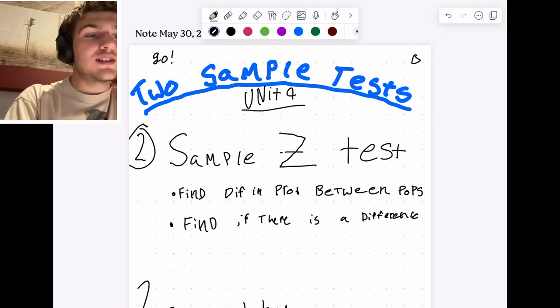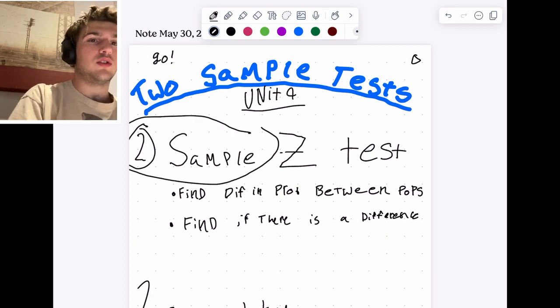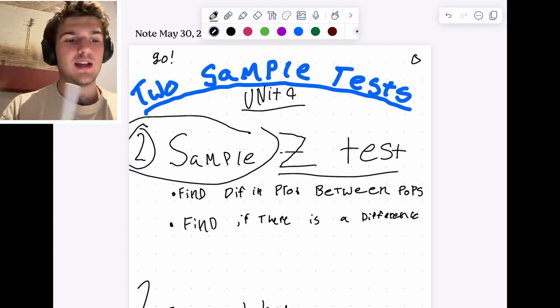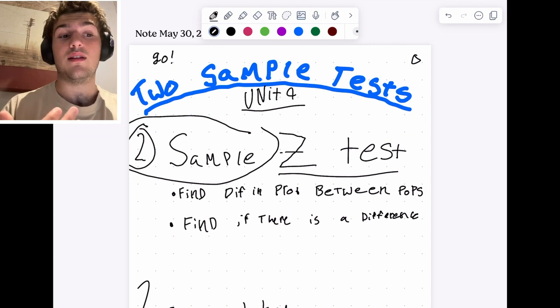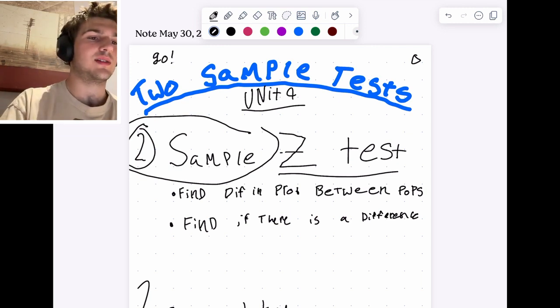So first, the bread and butter of this unit is going to be our two-sample z-test. Now, why would anyone ever need a two-sample z-test? It's really to find the difference in probability between two populations.